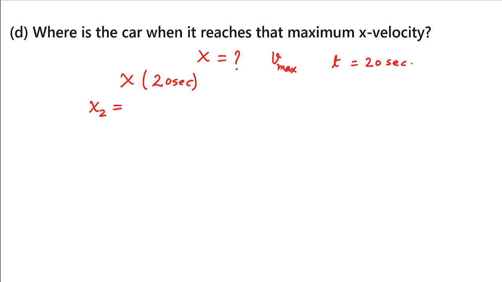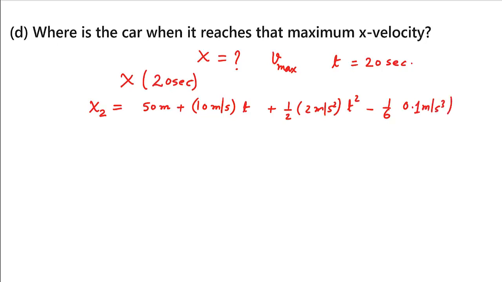We derived this expression: 50 meter plus 10 meter per second times t plus half of 2 meter per second square times t square minus 1 by 6 times 0.1 meter per second cube times t cube. This was the expression we derived for position at any time t in the future.